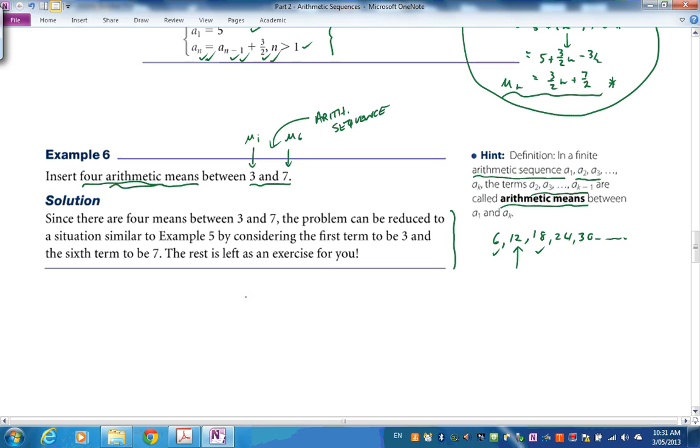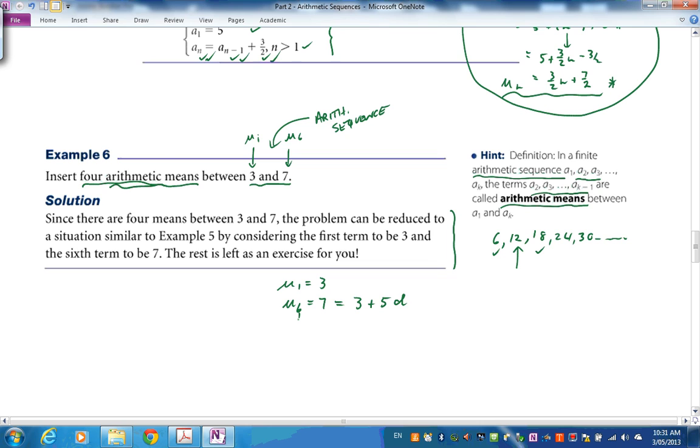So here, what are we going to do? Well, we want to find the common difference and all that, so we know u1 is 3, u6 is 7, and u6 will equal u1 plus n minus 1, so that's 5d.